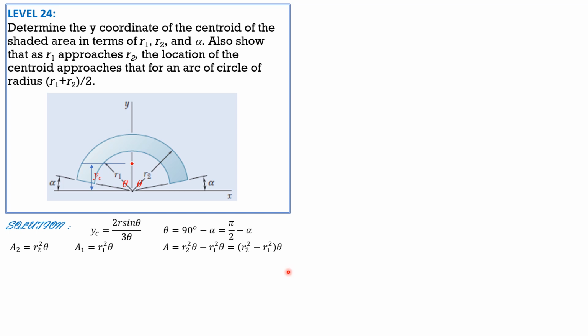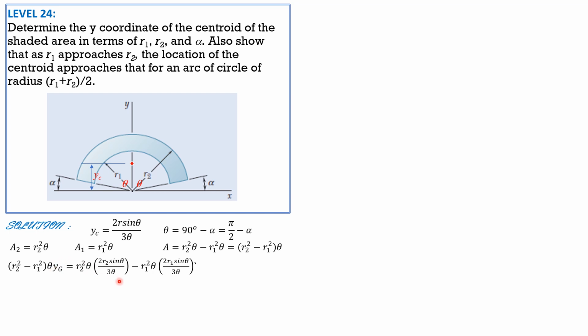Then by Varignon's theorem, the quantity R2 squared minus R1 squared times theta times yg equals R2 squared theta times 2R2 sine theta over 3 theta, minus R1 squared theta times 2R1 sine theta over 3 theta.